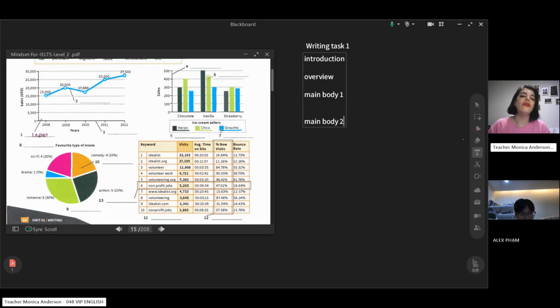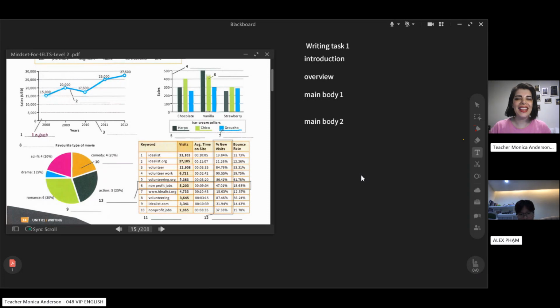Okay, and then the most important part of writing task one, maybe, is the overview. But what is your overview? Tell me, do you know anything about the overview, how to write it, and what an overview is? Do you know what an overview is?